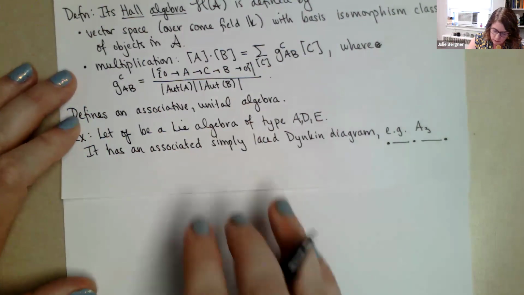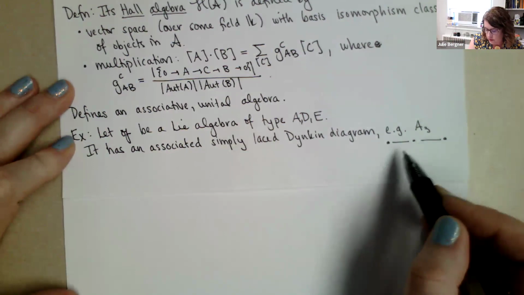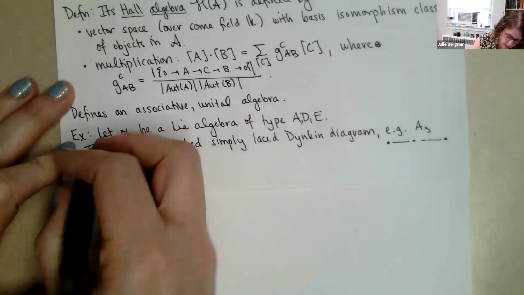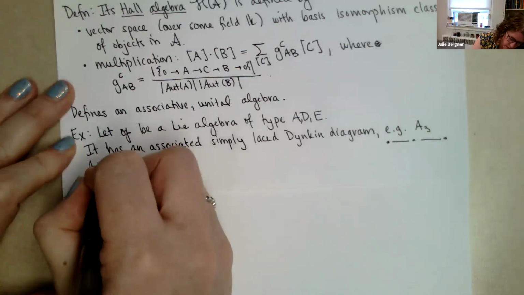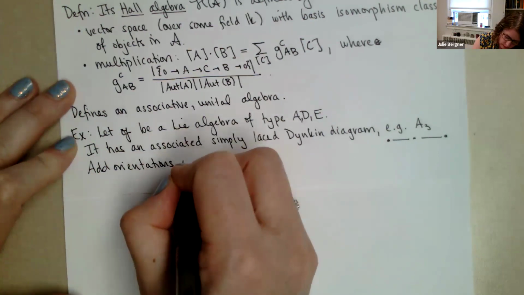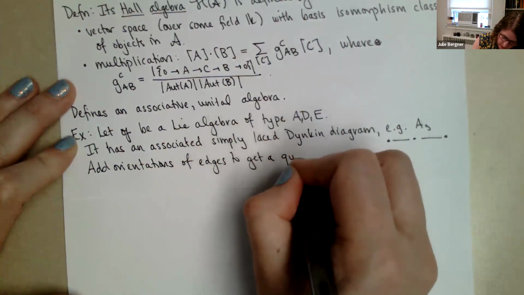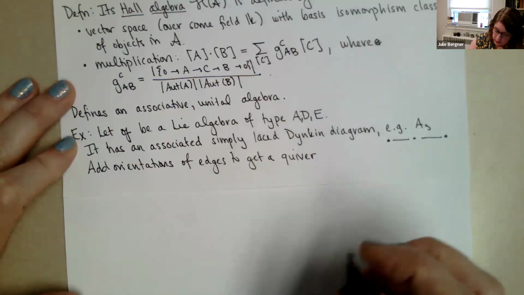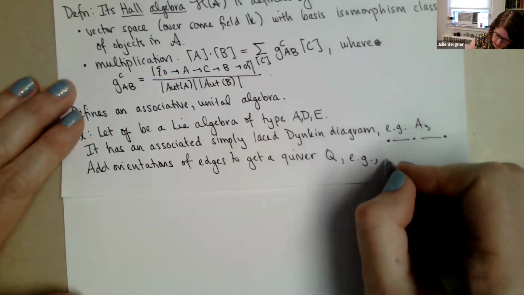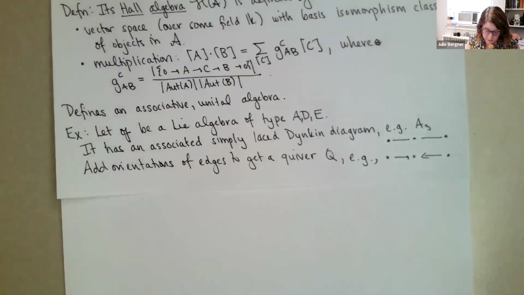And something you can do with this is, well, this is just a graph, let me make it a directed graph just by choosing an orientation on each edge. So we get what in this literature is usually called a quiver. And in this case, for example, we could just take those edges there. There are different choices here.